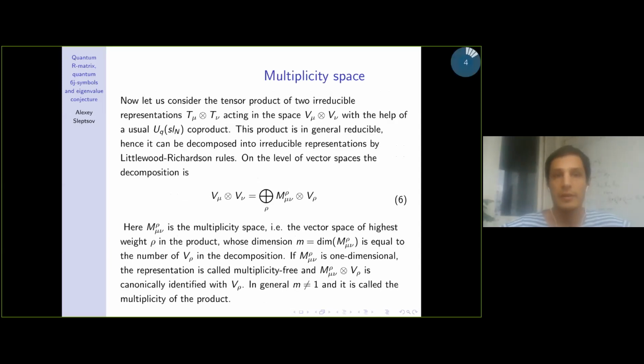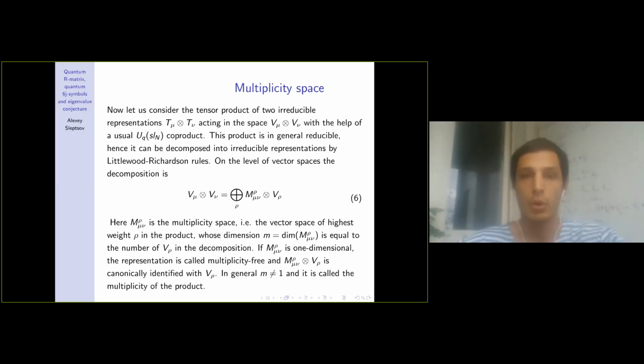Now let us consider the tensor product of two irreducible representations, T mu times T nu, acting in the tensor product of two vector spaces V mu and V nu with the help of the usual coproduct. This tensor product is in general reducible, therefore it can be decomposed into irreducible representations by the Littlewood-Richardson rule.